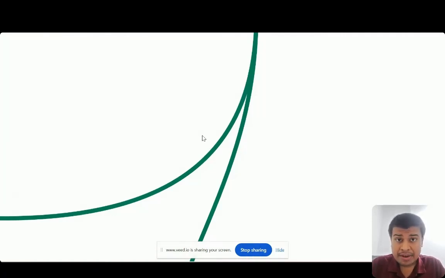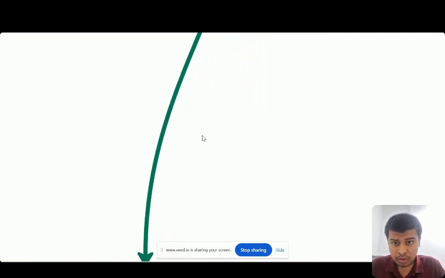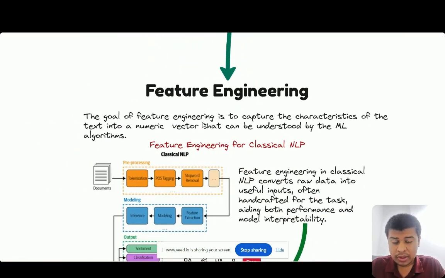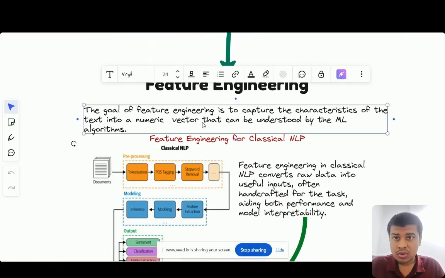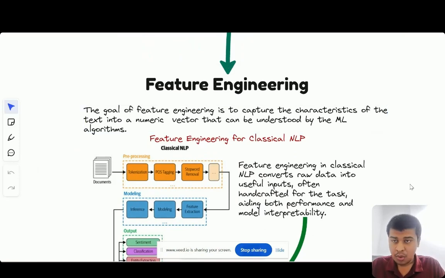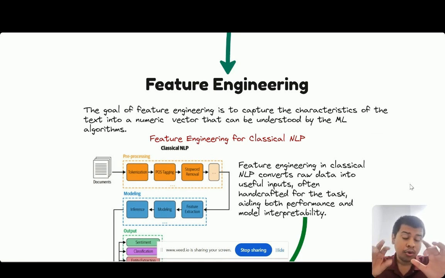So now, with the implementation of the pre-processing steps done, we'll move on to feature engineering. In this feature engineering, we'll be looking into two different parts. One is the feature engineering pipeline for the classical NLP approach, which uses manual rules and all.